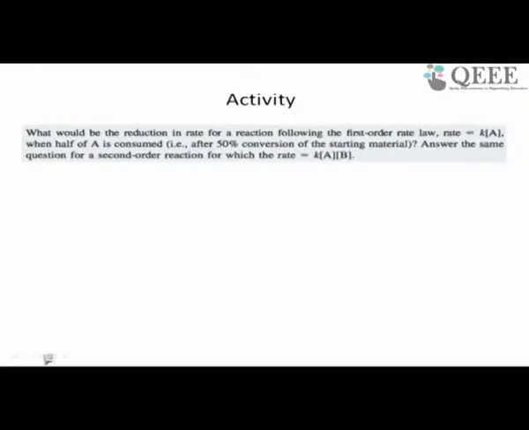Now we will solve this problem. The question here is, what would be the reduction in rate for a reaction following the first order law, rate equals k times the concentration of A, when half of A is consumed, that is 50% conversion of the starting material? Answer the same question for a second order reaction for which the rate equals k times A into B. So this is a little bit more involved problem.